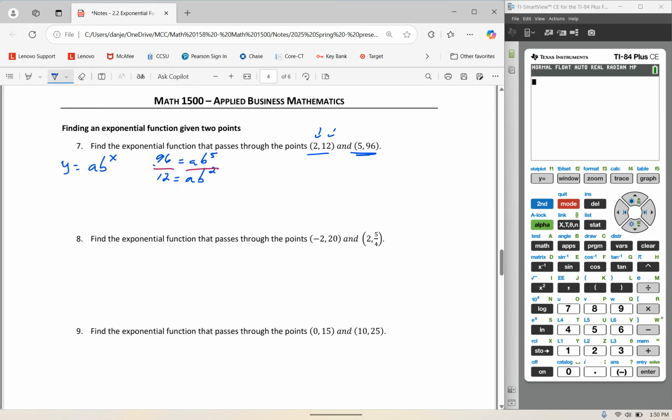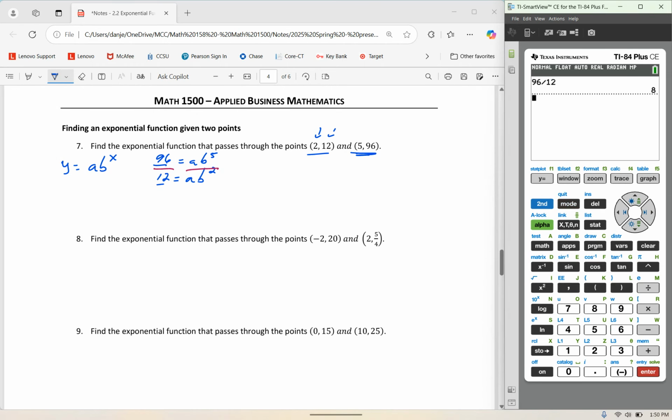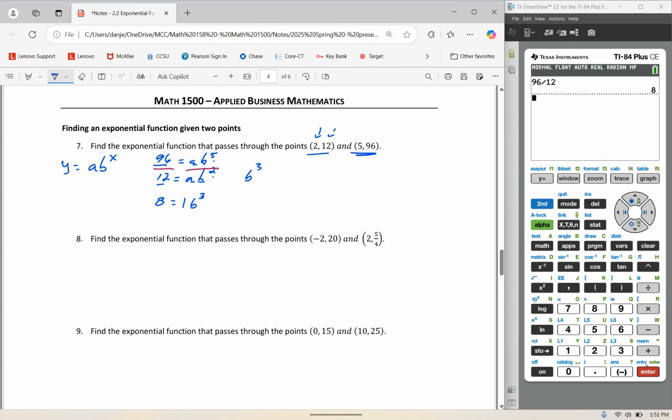So 96 divided by 12 is 8. a divided by a is 1. b to the 5th divided by b to the 2nd is b to the 3rd. So b to the 3rd equals 8.